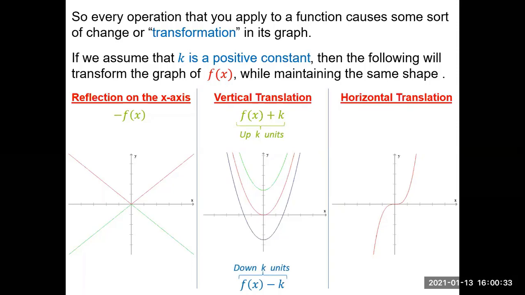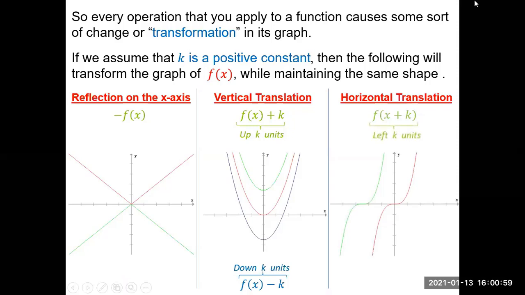Lastly, horizontal translations or horizontal transformations occur whenever you're adding or subtracting a number directly to x. So whether that's inside of an x squared function or an x cubed function or an absolute value function, if I'm ever adding or subtracting a number directly from x, that will cause the graph to move left or right.